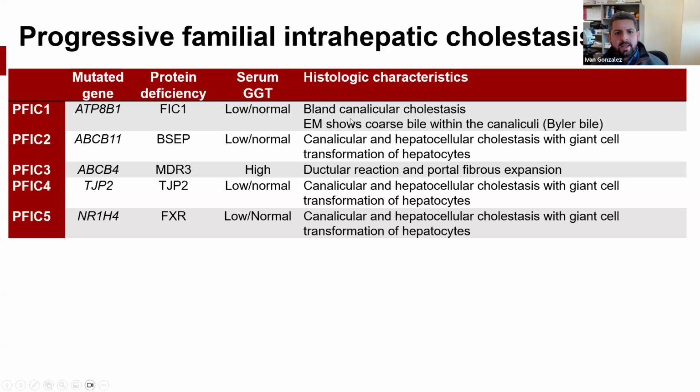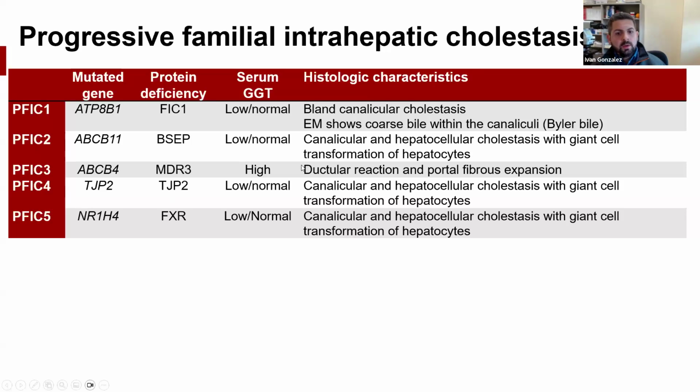That pattern of bland canalicular cholestasis is very similar to BRIC, which is benign recurrent intrahepatic cholestasis, which presents in middle-aged patients as benign recurring episodes of cholestasis that resolve by themselves. It is a similar concept to what you can see in cholestasis of pregnancy, and they have similar genes associated in those conditions. You can have any one of those three genes mutated, creating the same histology.